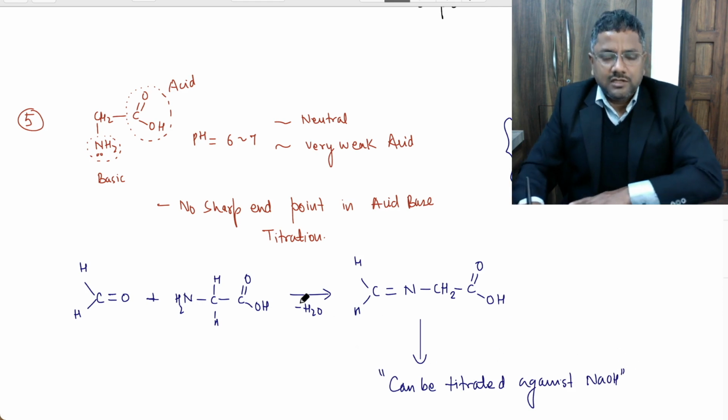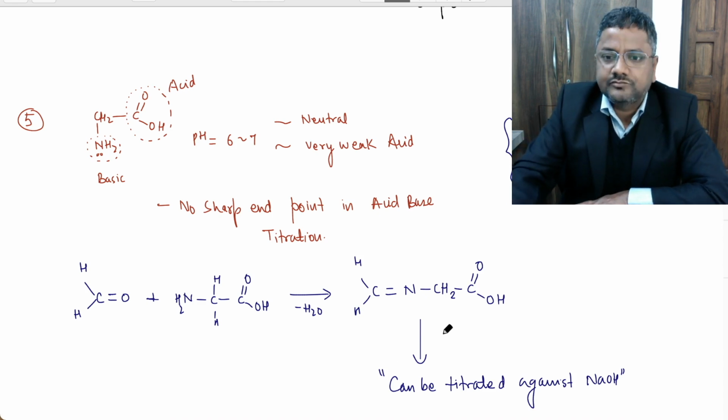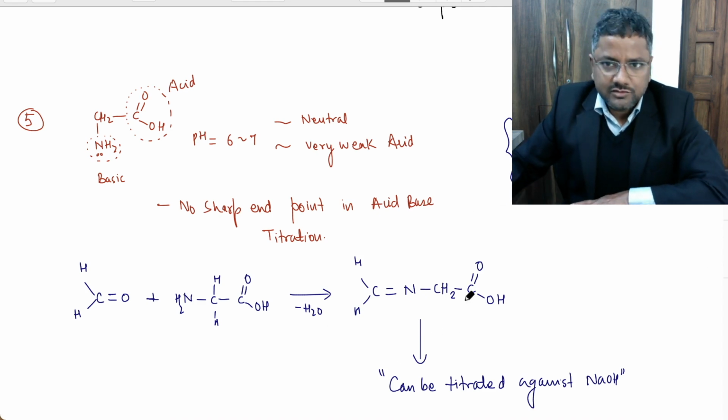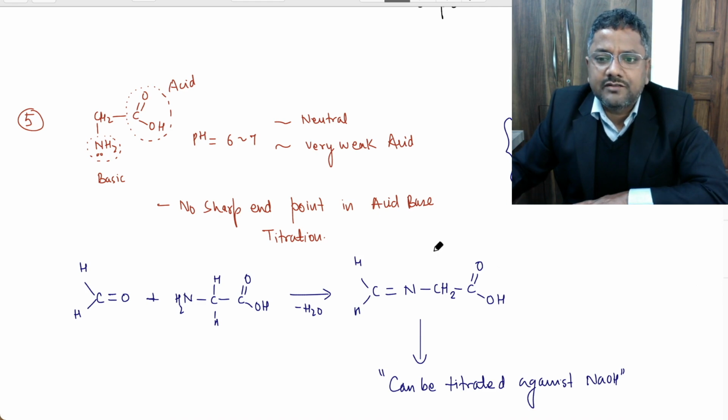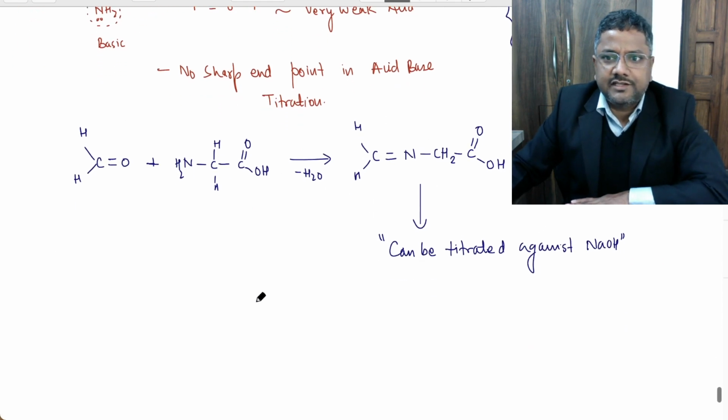In this way, you can quantitatively estimate this compound, because a 1:1 molar ratio is there. If you calculate the moles of this present in the system, you can indirectly estimate the quantity of this. So this is the second case.